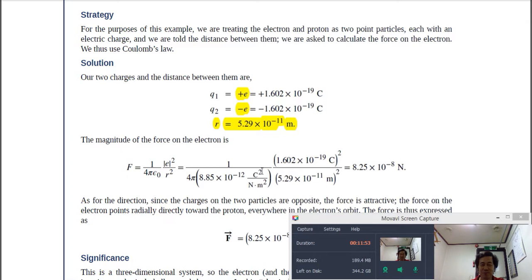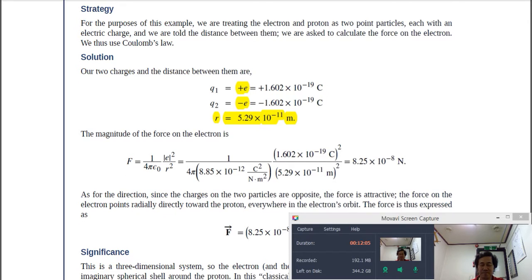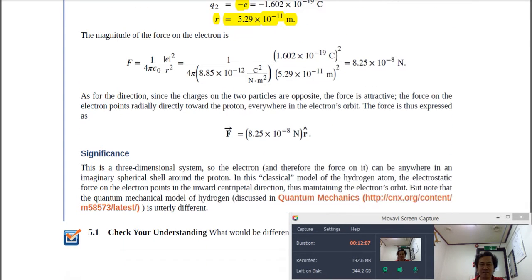So we calculate this expression, then we find 8.25 times 10 to the minus 8 Newton. And here the direction is toward the proton. I think there's a missing minus sign.